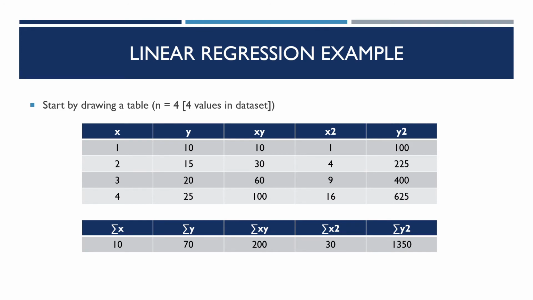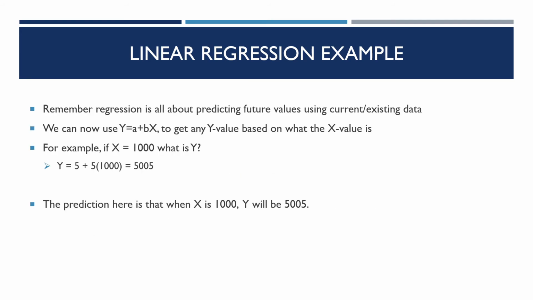But we can now use regression modeling to say, what if x is 1,000? We plonk our x as 1,000 in here, using our a value of 5 and our b value of 5, and we can get an estimate of what we predict y would be if x is 1,000, which is 5,005. So the prediction here is that when x is 1,000, y will be 5,005. And that is what regression modeling is. It's using our current existing data to predict the future values.